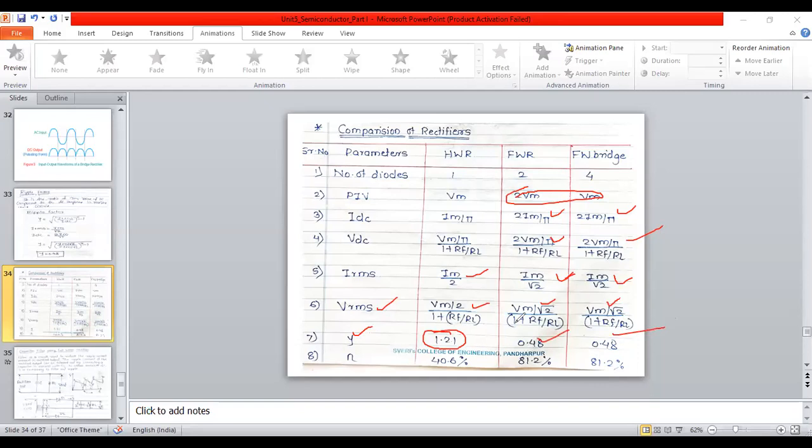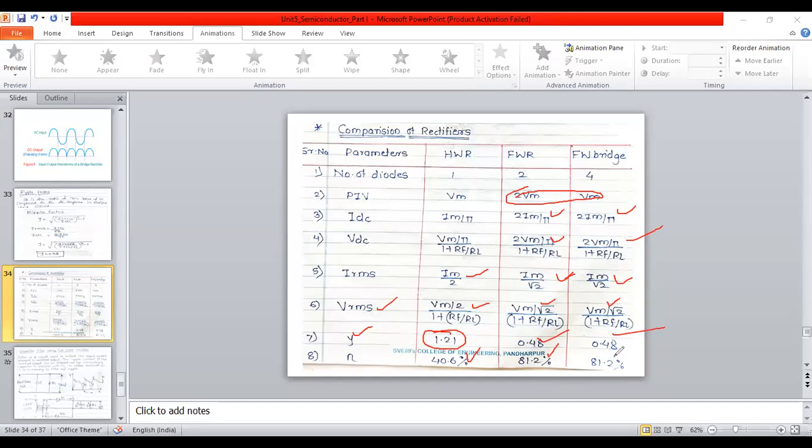For the half wave rectifier, the efficiency is very low, nearly 40% only, 40.6%. But for the full wave rectifier, we get 81.2% efficiency.